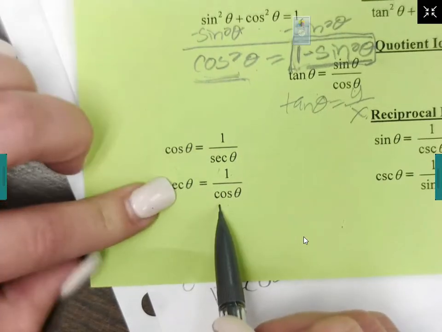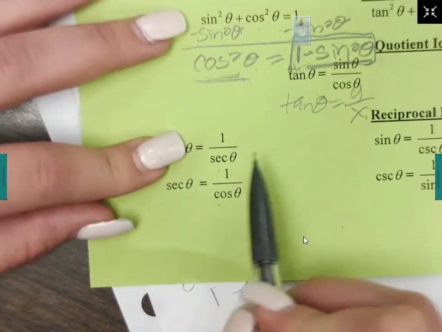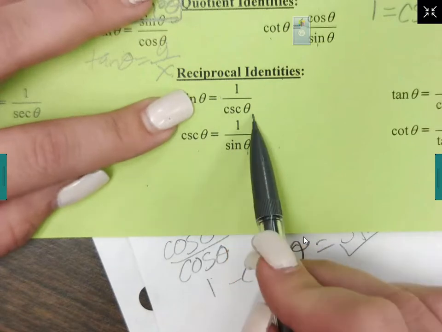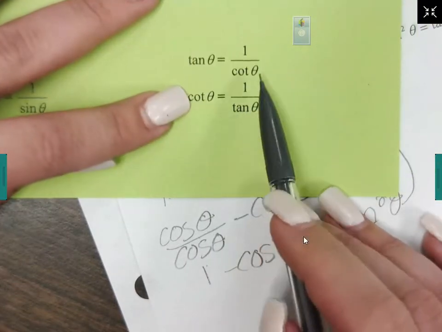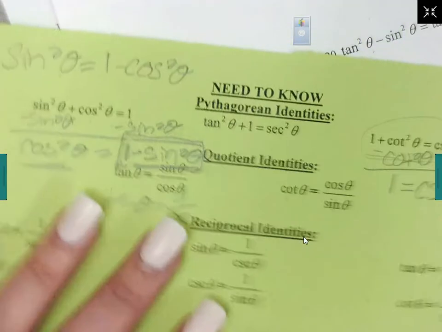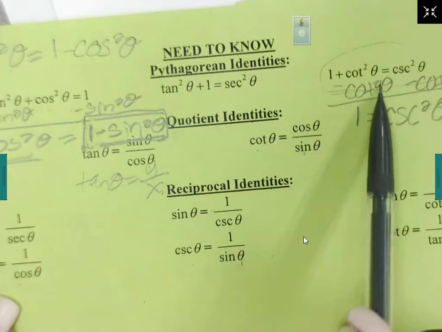If the secant is the reciprocal of cosine, then the cosine is the reciprocal of secant. If the cosecant is the reciprocal of sine, then sine is the reciprocal of cosecant. And if cotangent is the reciprocal of tangent, then tangent is the reciprocal of cotangent. The only thing that you're learning are these three things.